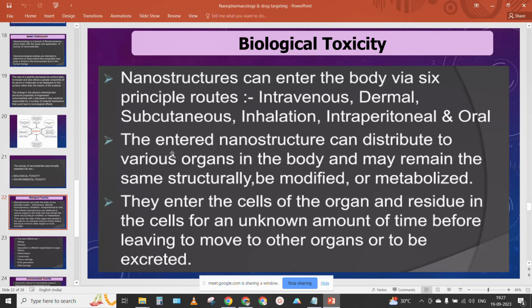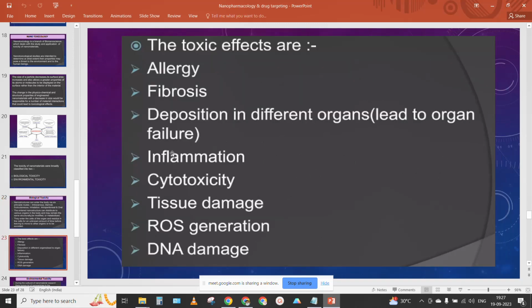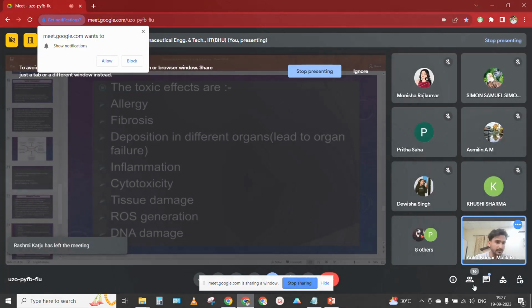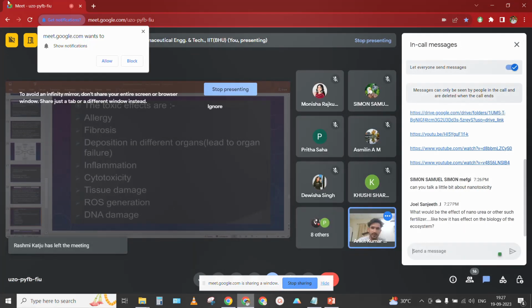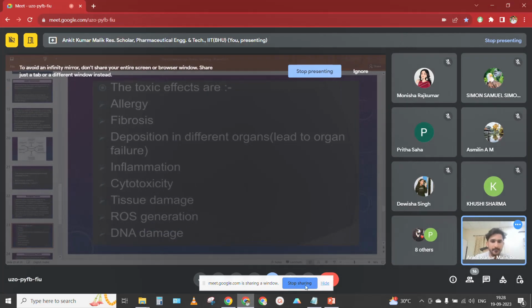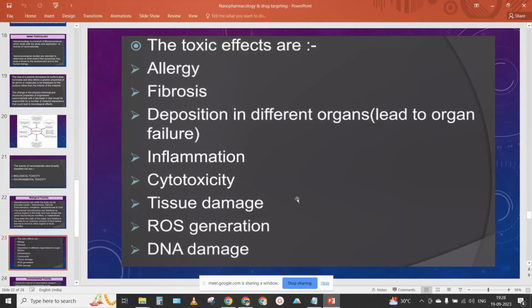Some of the nanoparticles can lead to toxicity, like allergic reactions, fibrosis, and deposition in different organs. If the drug is deposited in a different organ, suppose we took a drug to target cancer cells and it deposited in some other organ, it is no longer targeted, so it is waste there. It will cause toxicity, allergy, inflammation, cytotoxicity, and in some cases it can lead to DNA damage also. So these factors can lead to nanotoxicity.